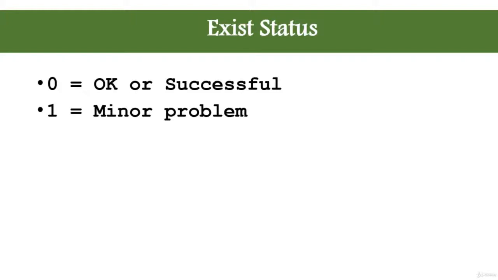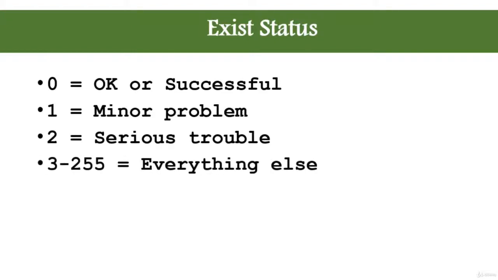If it is not, then it will give exit status 1, which is known as a minor problem. Or number 2, which is serious trouble, or everything else, which is exit status from 3 to 255. So why do we actually need exit status in our scripting?